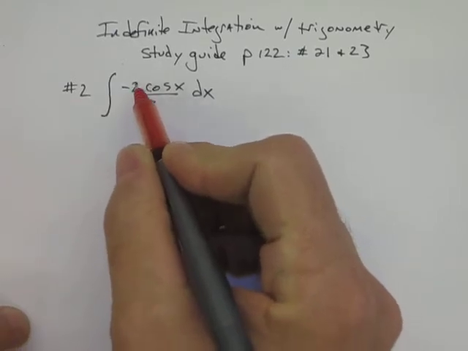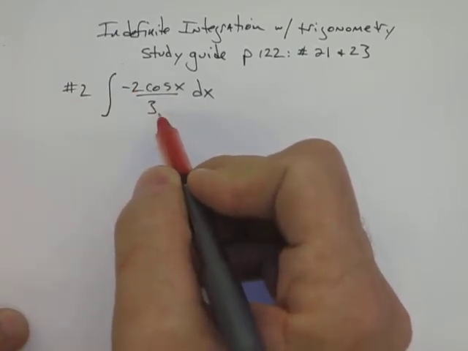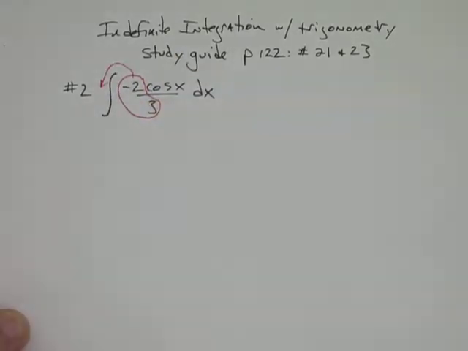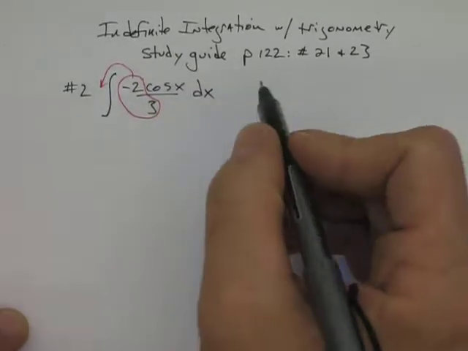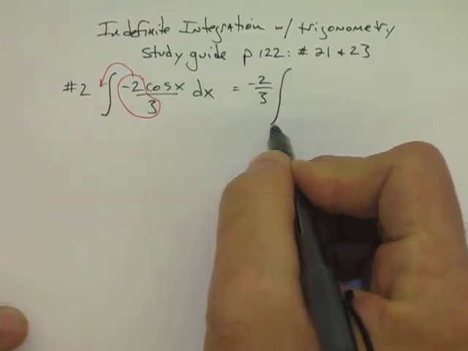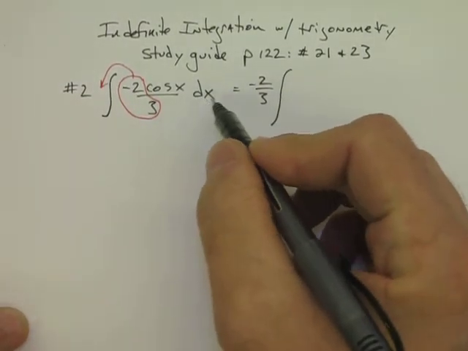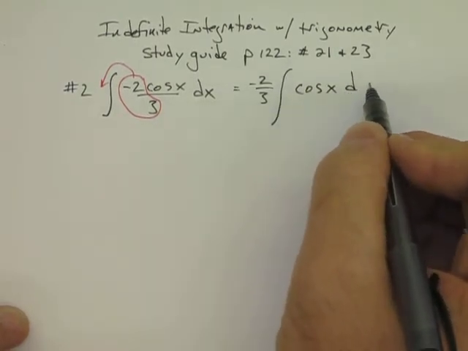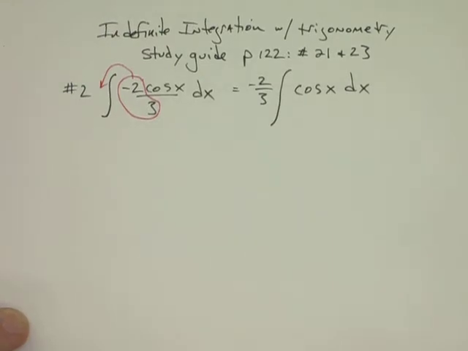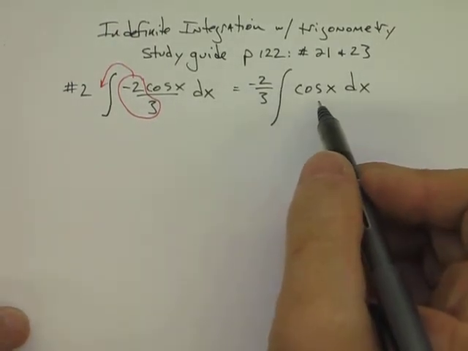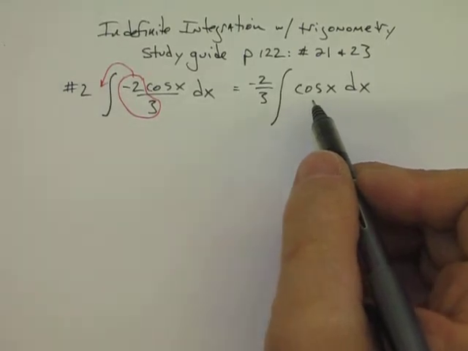The constant here is -2 over 3, so we can take this out of the integral and not worry about it until the very end. And that will allow us to focus on the trig function inside, which is cosine x dx.